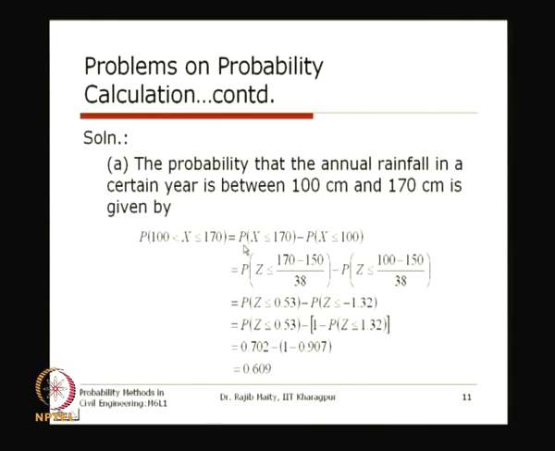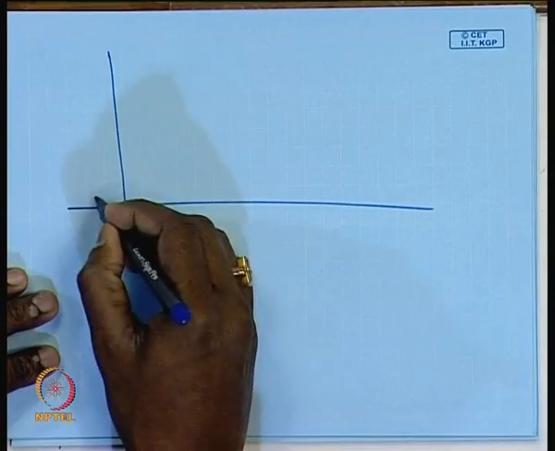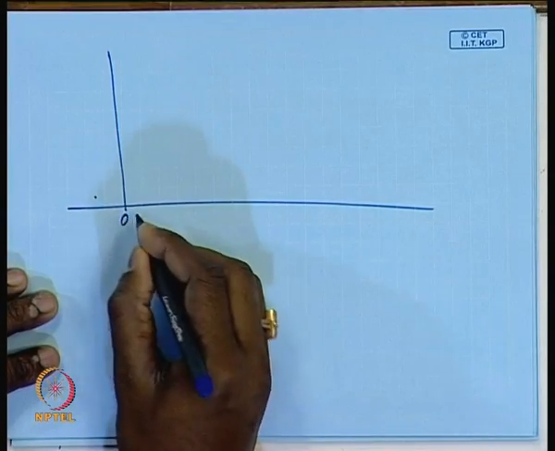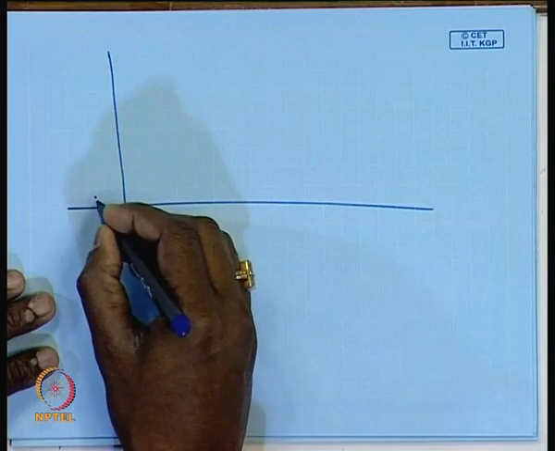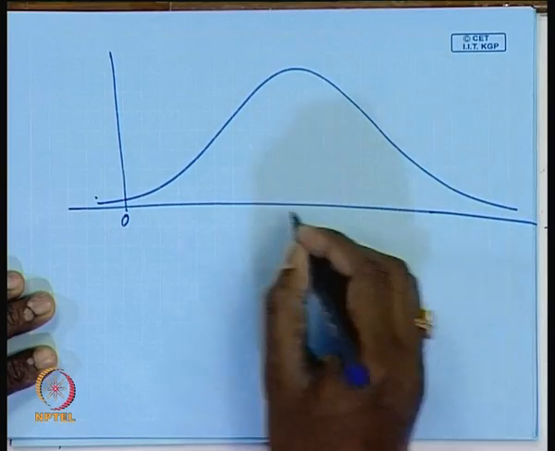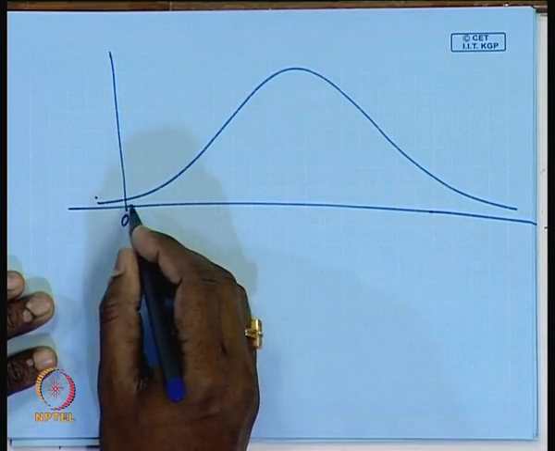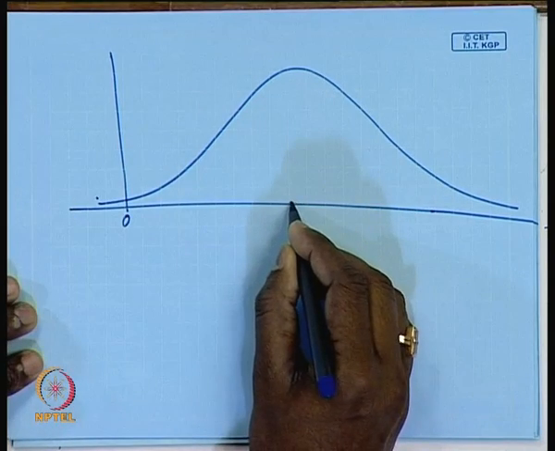If I draw the distribution form, obviously if this is the origin, this is 0. The mean of this normal distribution is away from this 0, and is shown to be 150.